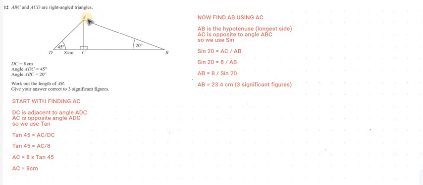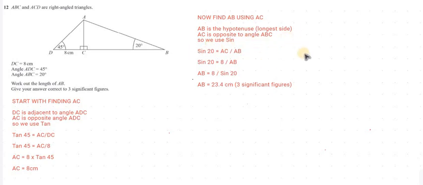Now we have the length of one side on the triangle ABC. So now we can find AB. AB is the hypotenuse, which is also the longest side. The angle ABC is looking at the side AC, which makes the side AC opposite to the angle ABC. So we have opposite and hypotenuse, that's OH, which makes sine the viable option.